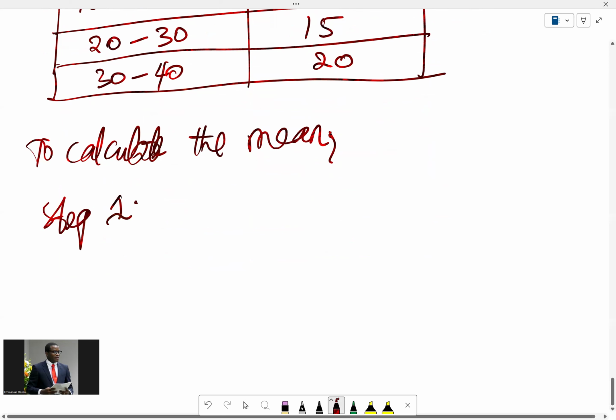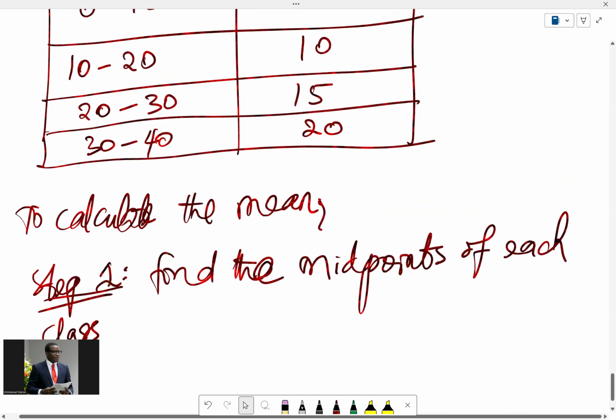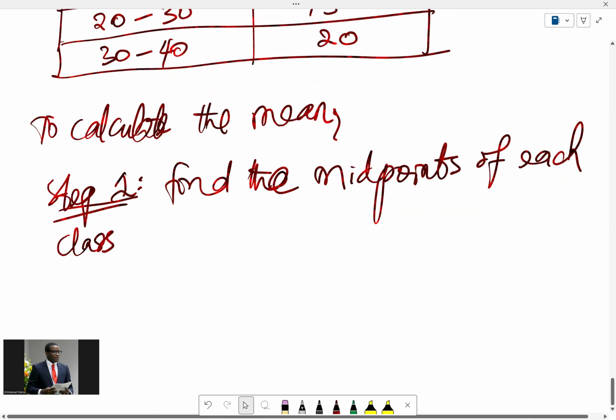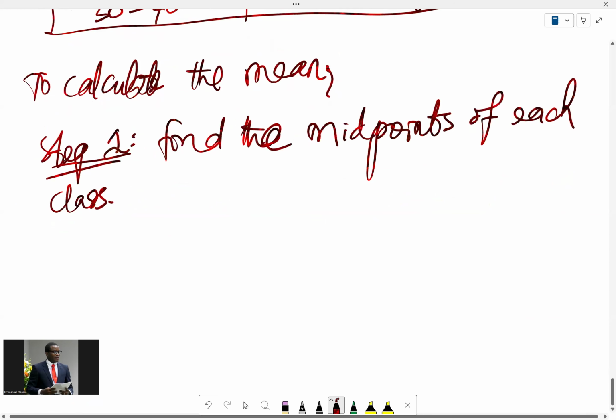Step 1 is find the midpoints of each class. Because you don't always have to do this separately the way I'm going to do it. So you can see the first class is 0 to 10. So the midpoint of that class would be M1, which is 0 plus 10 divided by 2.